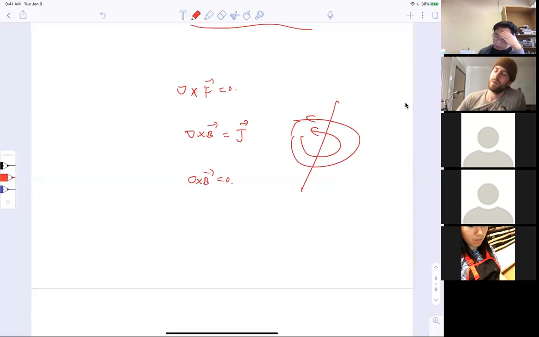Of course, if you are talking about the magnetic force, it's not true because the magnetic force is not along the direction of the magnetic field. But I'm saying just in the general case. If you regard this B as a force, this is not conservative.